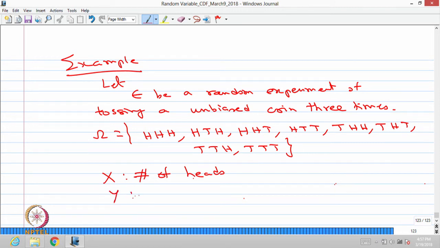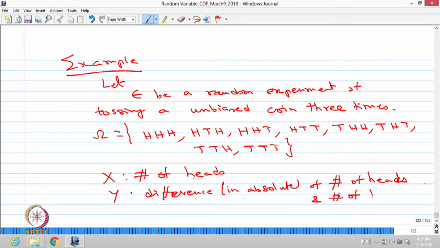The random variable y is nothing but the absolute difference of the number of heads and the number of tails. Look at it very carefully. The random variable x is the number of heads, whereas the random variable y is the absolute difference of the number of heads and the number of tails.